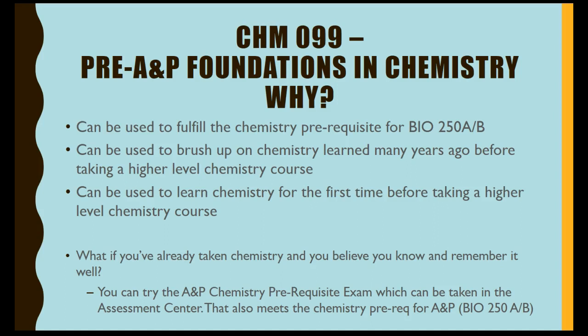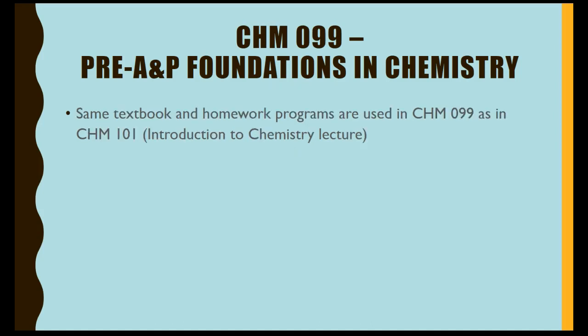It's a way of testing out of having to take chemistry before you take anatomy and physiology. This has been the case for students coming right out of high school who just took chemistry and feel they learned a lot of material. Then they take that exam, get a high enough score, and are not required to take chemistry before taking A&P. That does not stop them from having to take chemistry if their program requires it. If you have questions about any of this, please contact me.